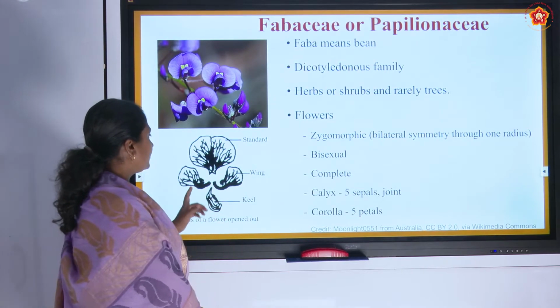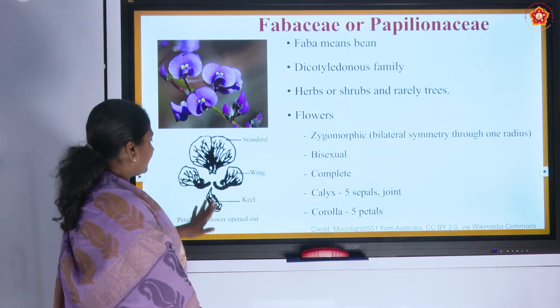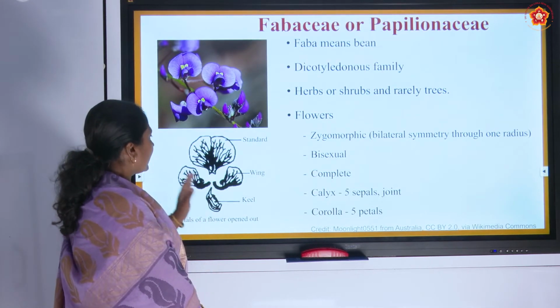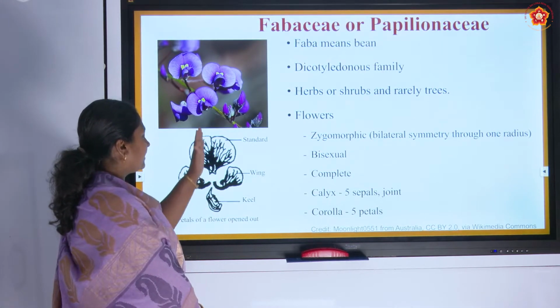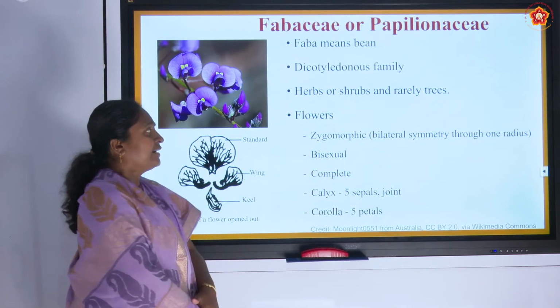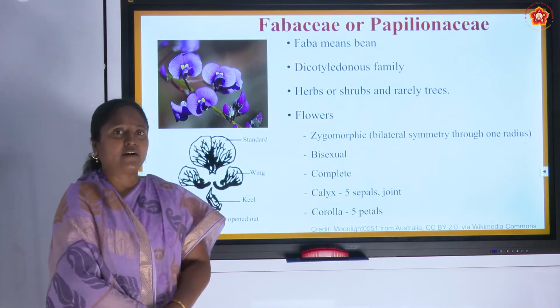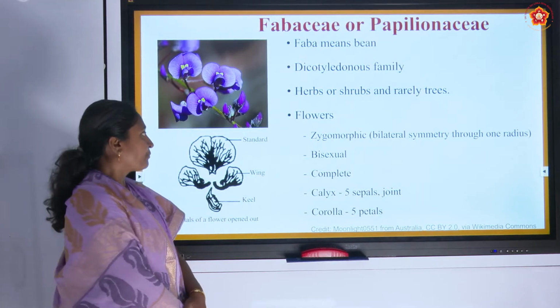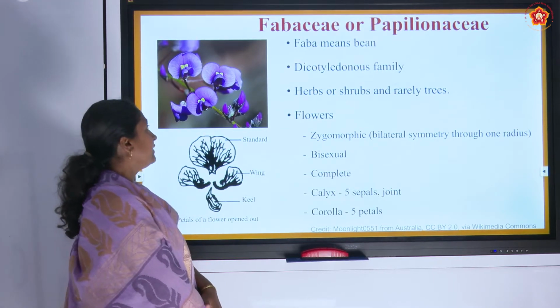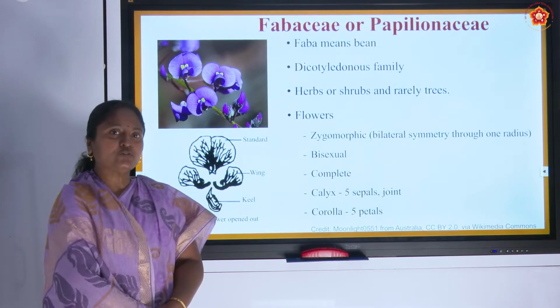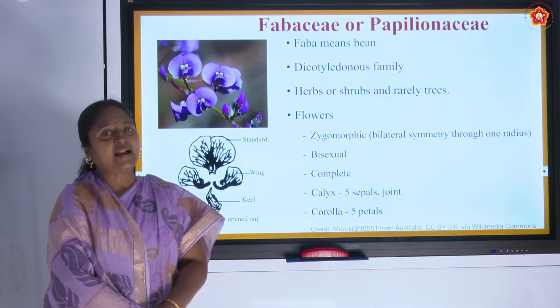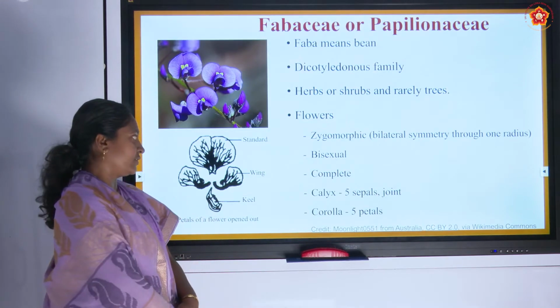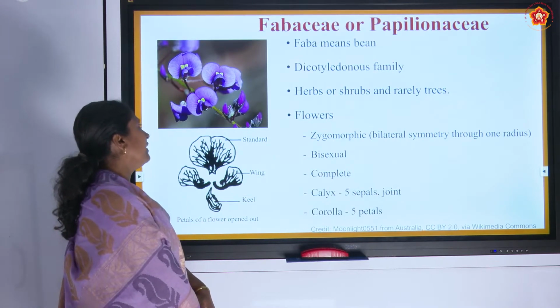As you can see in the dissection of the flower petal, we can clearly see that we can divide it laterally into two equal halves. That is how it is known as the zygomorphic condition. They are bisexual flowers. In the flower itself we can see both male and female reproductive structures, and they are a complete kind of flower.